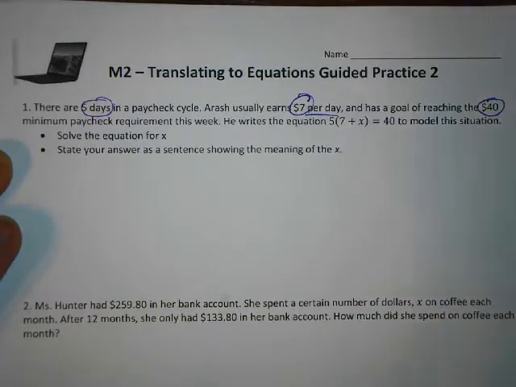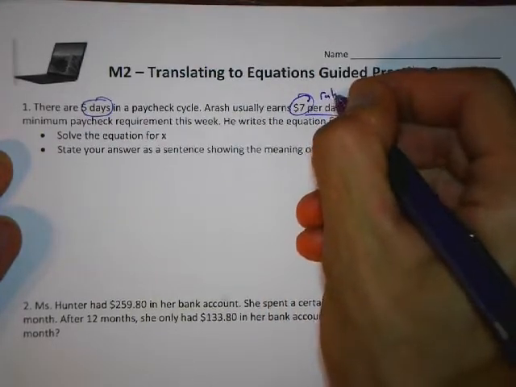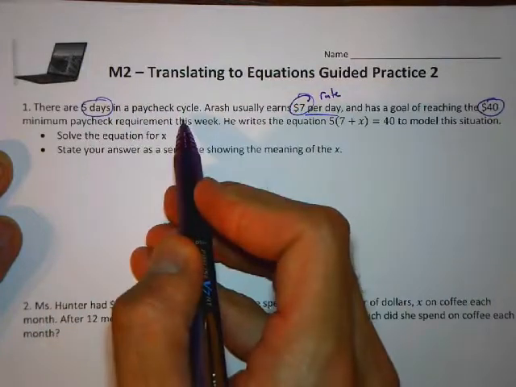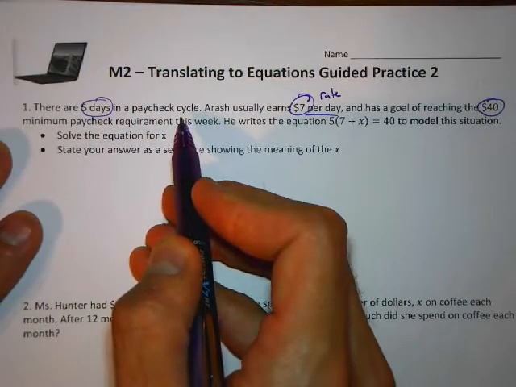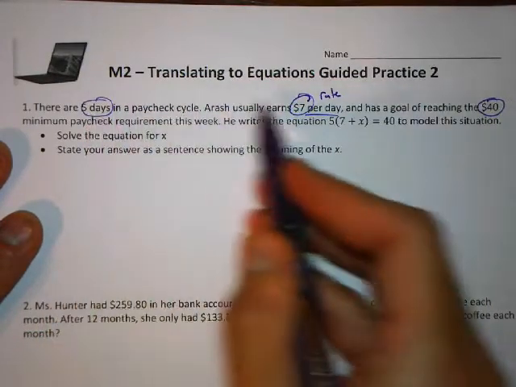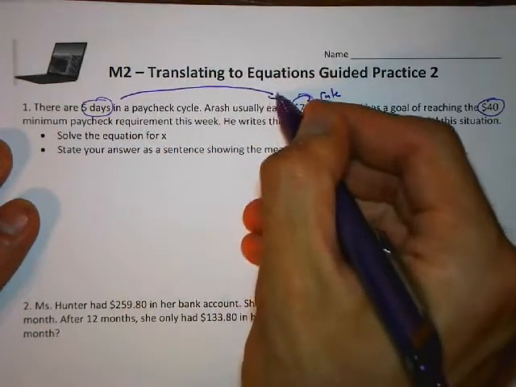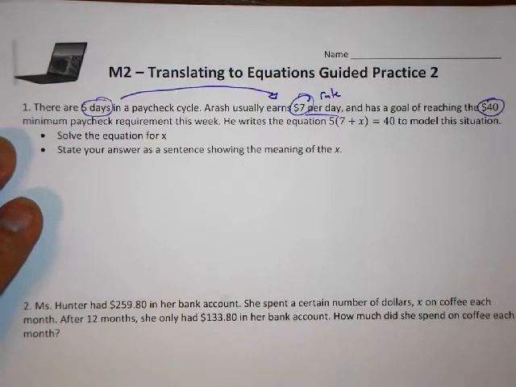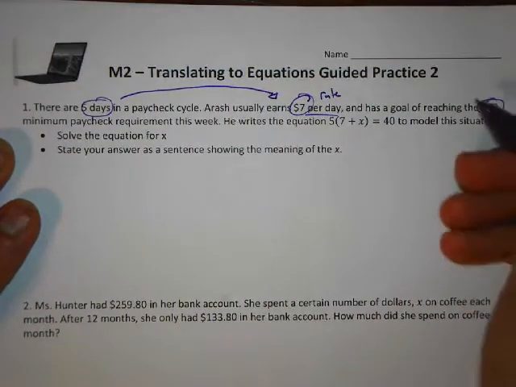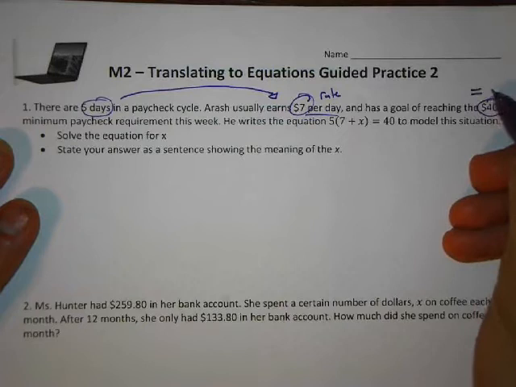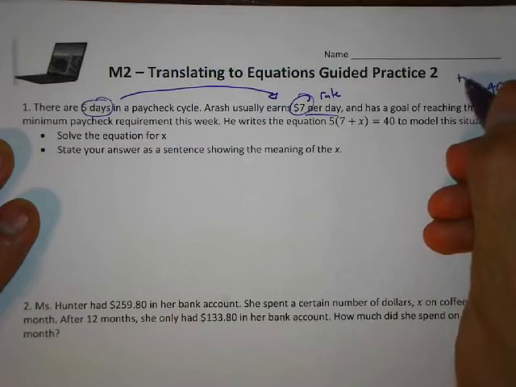I see that he usually earns $7 per day, so that's a rate. And then there are 5 days in the paycheck cycle, so if I'm thinking about 5 days and the $7 per day, I should somehow apply the 5 days to the $7. His goal is to get $40, so I know that makes sense as the total.